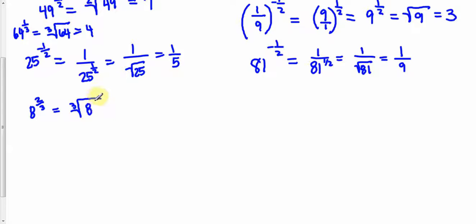And you can do it this way, but it's not going to help you if you do it that way, so you're going to use the other rule that I gave you up there that says I can actually take that squaring and put it outside after I cube root it. So those all mean the same thing. The cubed root of 8 is what? 2, and I would have 2 squared, which is 4.